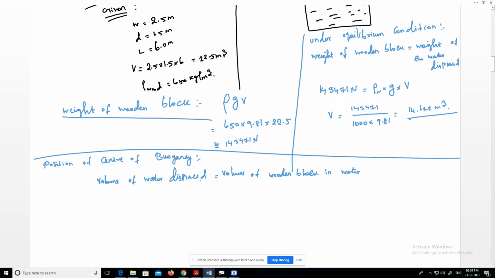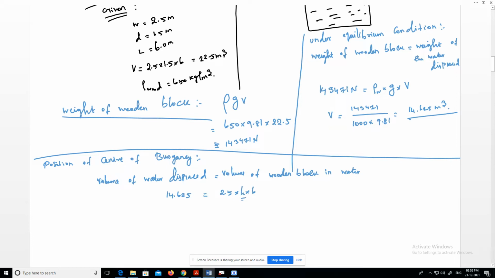Volume of water displaced is the known one, that is 14.625, equal to volume of the wooden block in water, which is 2.5 meter width and 6 meter length and h meter depth.